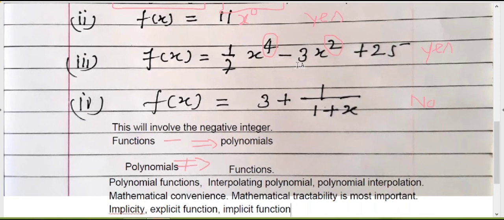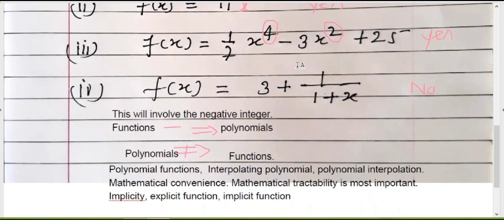So a polynomial is a conditioned function. One line definition: polynomial is a conditioned function.